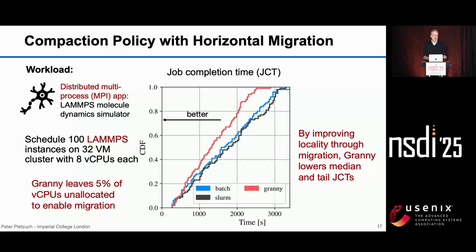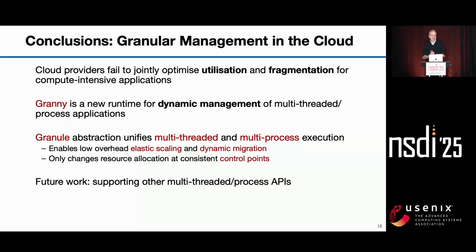An interesting observation is that we actually had to leave a certain level of headroom, where we leave particular vCPUs unallocated so that Granny has enough flexibility to remove fragmentation. In this experiment, we ensure that 5% of all vCPUs are left idle to support the migration mechanism. Okay, so with this, let me conclude.